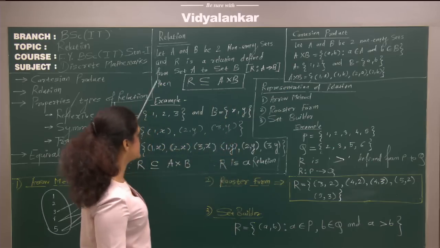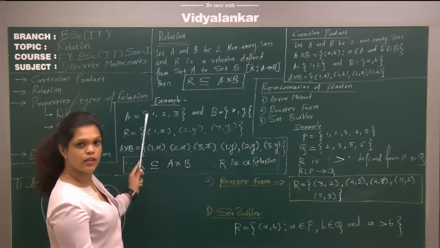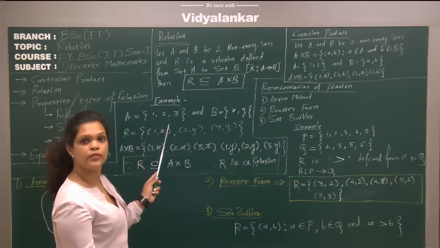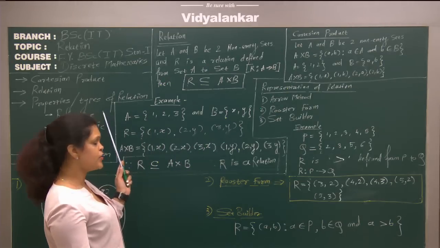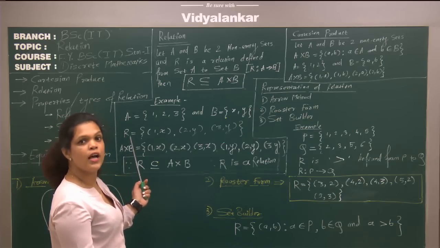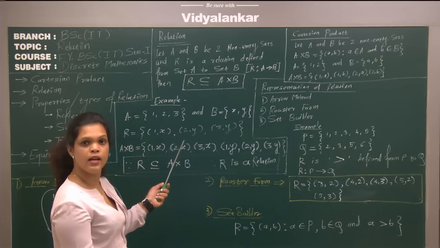Let's see an example for relation. Consider these two sets, A and B. A has 3 elements, 1, 2 and 3. B has 2 elements, X and Y. The relationship set is also given in the example, that is R, which has 3 ordered pairs: (1, X), (2, Y) and (3, Y).